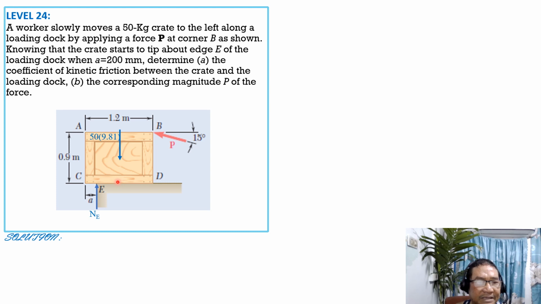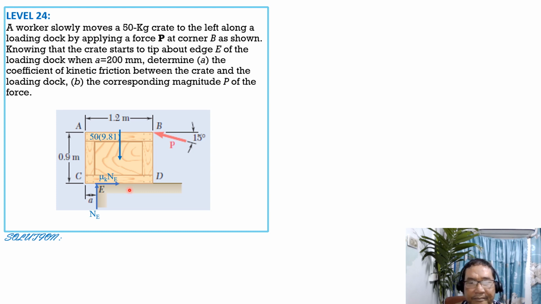It's about to tip at E, and after that it will slide or continue to move. Therefore, the frictional resistance at E is the coefficient of kinetic friction mu sub K times N sub E, as shown to the right.